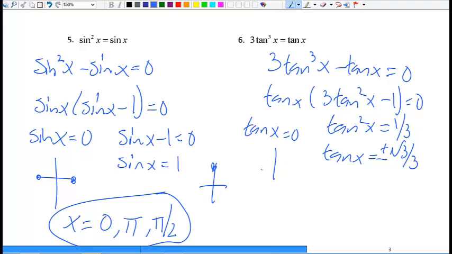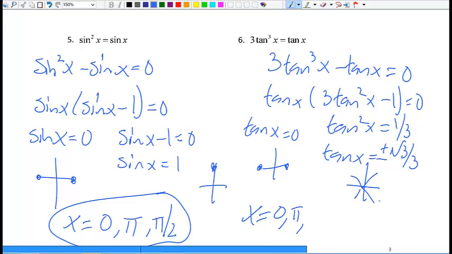Okay, so let's talk about where tangent is 0. Tangent is 0 where the y value happens to be 0, and that's at 0. So let me write this out here. That's at 0 radians and pi radians. Okay. Where do I get plus or minus tangent of square root 3 over 3? Well, that's in the first, second, third, and fourth.